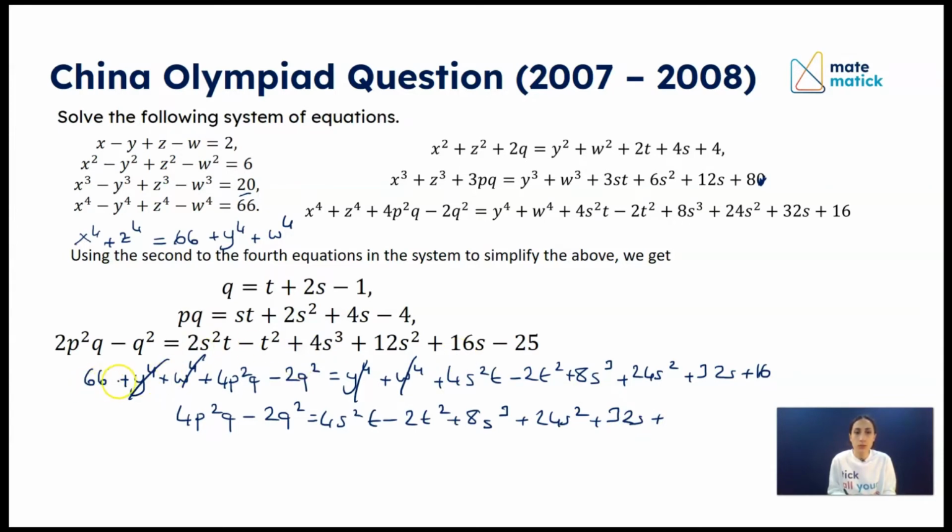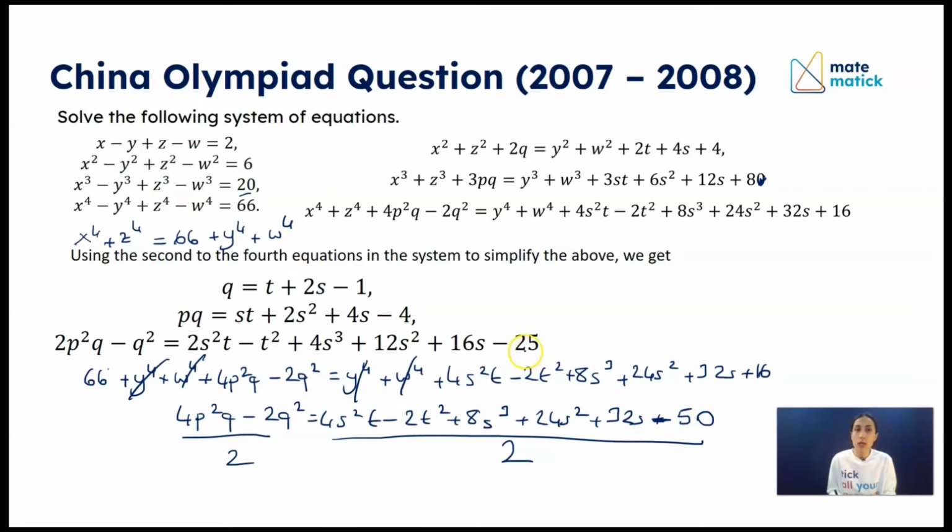So I'm going to put this 66 to the other side, and I will get minus 50. Okay, so I'm going to divide each side by 2. When I do that, I will get 2p squared q minus q squared is equal to 2s squared t minus t squared plus 4s cubed plus 12s squared plus 16s minus 25.